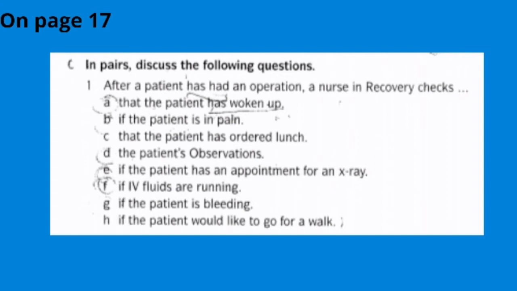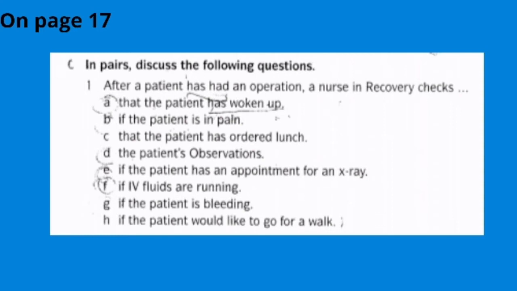And then yang H, if the patient would like to go for a walk. Sepertinya kalau setelah operasi langsung jalan itu, ya kan mereka masih lemas ya kan. So it's no ya. So jadi apa tadi jawabannya, poin apa? A, B, D, F, and G ya.